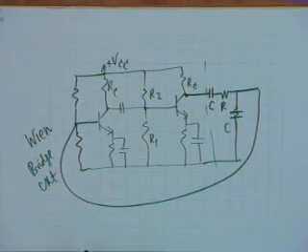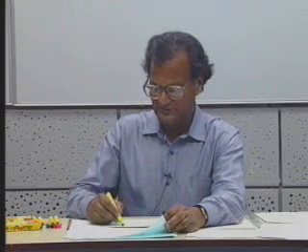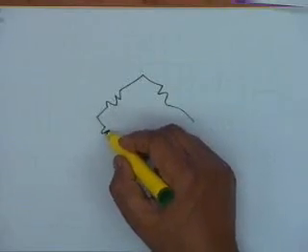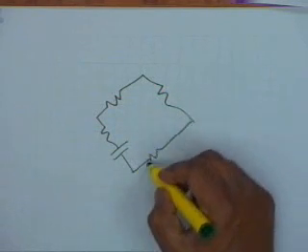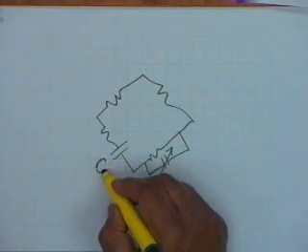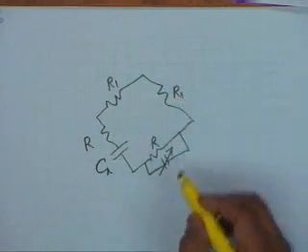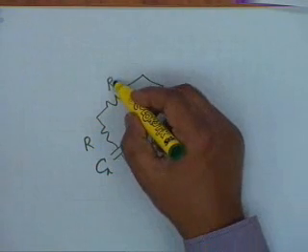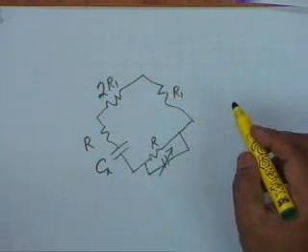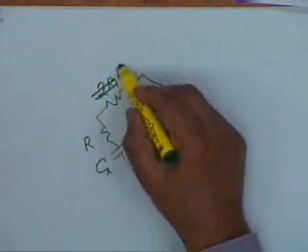The Wien bridge circuit. Do you know what a Wien bridge is? No. Well, it is a very useful circuit for measurement of capacitors. What one does is a Wheatstone bridge, then an RC and a parallel RC. This is the unknown capacitor Cx, this is R, this is R, and let's call the other resistors R2 and R1.